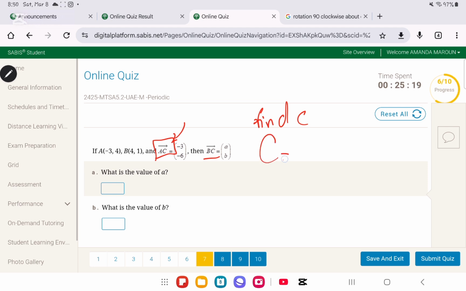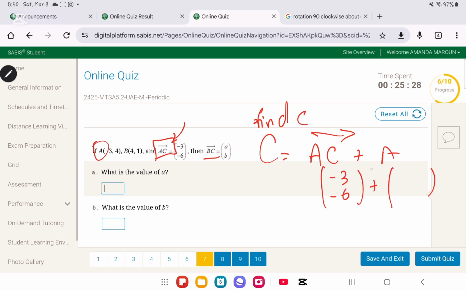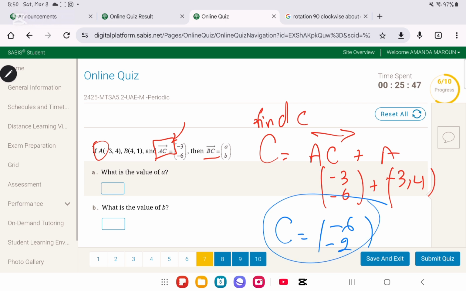So C is equal to the vector AC plus the initial point, which is A. So the vector AC is (-3, -6), plus the initial point A, which is (-3, 4). After adding them, you're going to get that C is equal to (-6, -2). Okay, and just like that, we found the value of C.